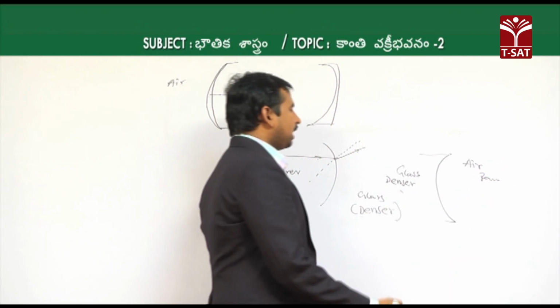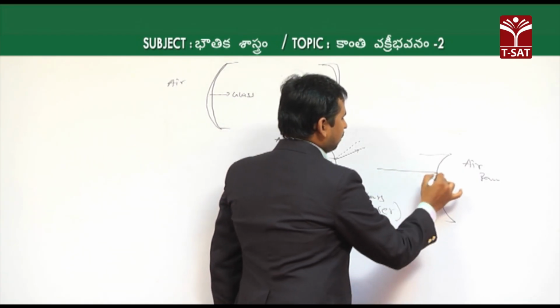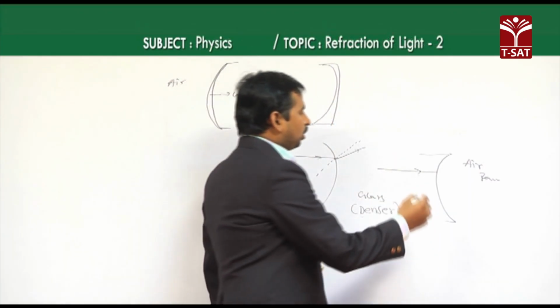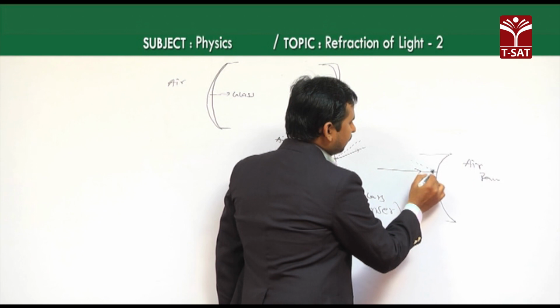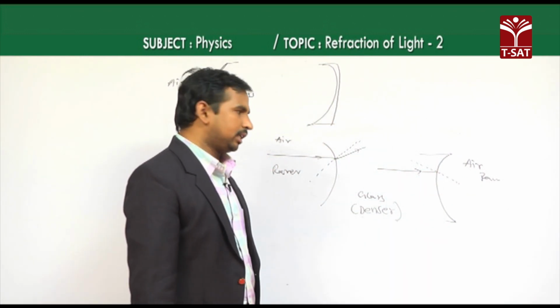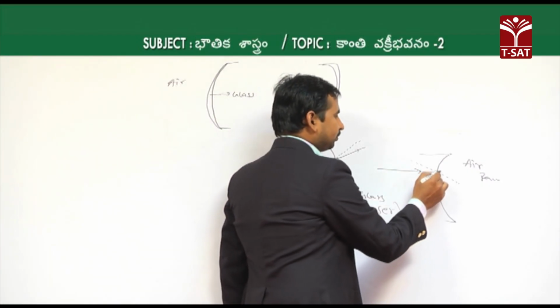Now as the light ray is coming from the glass like this, the normal for this curved surface is like this. As it is coming from denser to rarer, the light ray bends away from the normal like this.